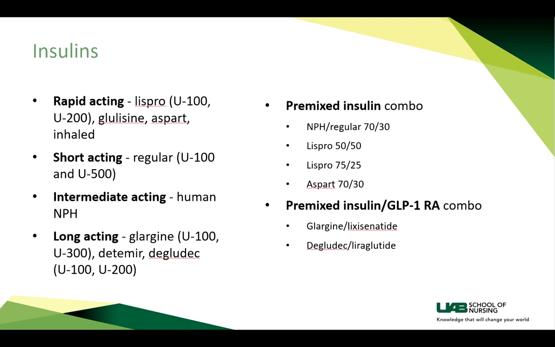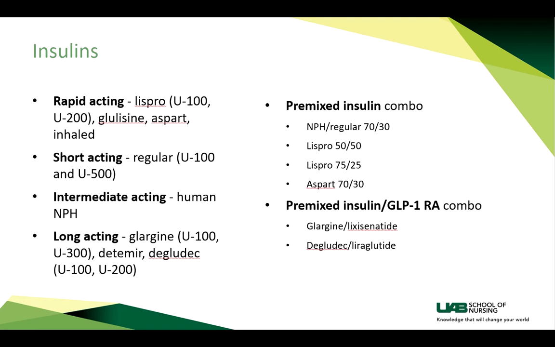So we also have a short-acting category. It's easy to remember that regular insulin is the only insulin that falls in the short-acting insulin category. And usually it lasts about 6 to 8 hours. And there are U100 and U500 versions or concentrations of this insulin.